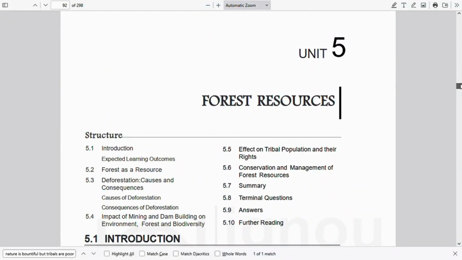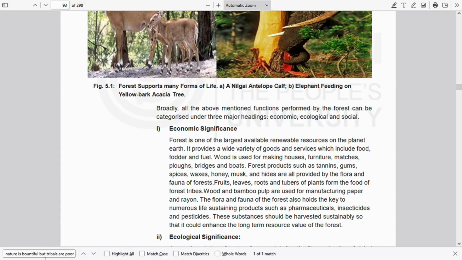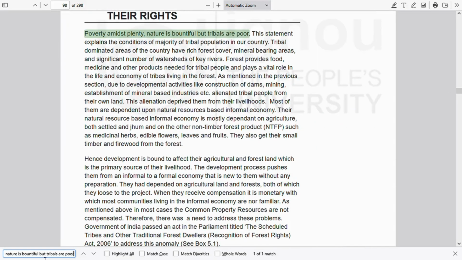So the point is, you will find the exact paragraph from where it is taken, then you can read the whole paragraph to make your answer, because you will only find the phrase here, not the answer. From here it says the condition of the majority of tribal population in our country, but it doesn't say why they are poor.